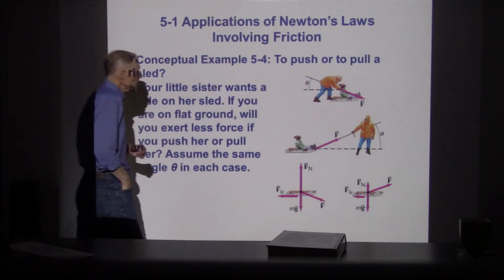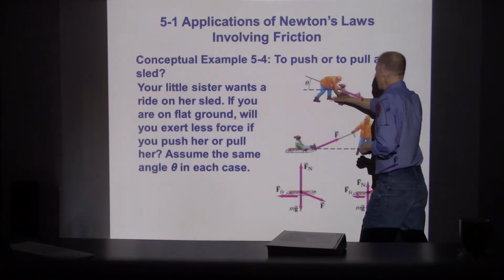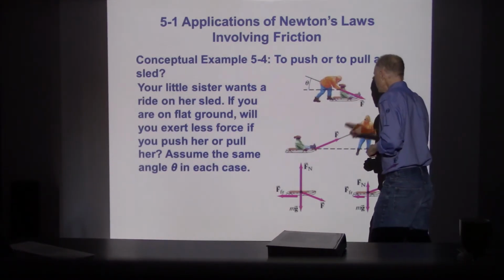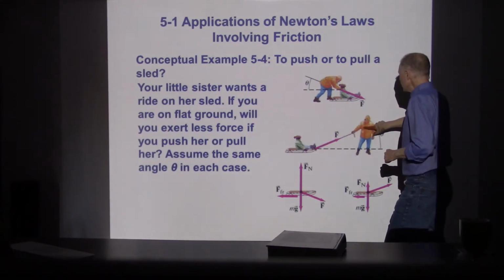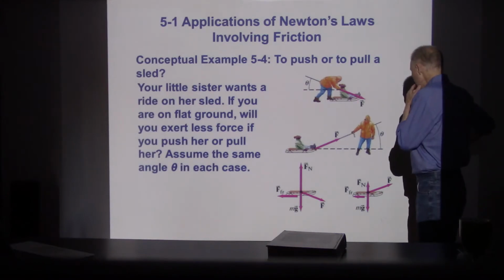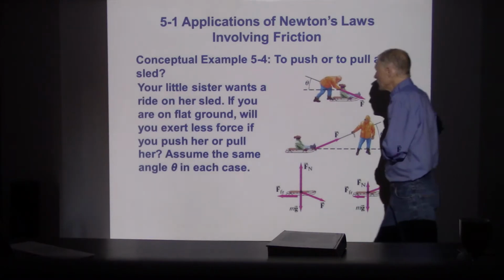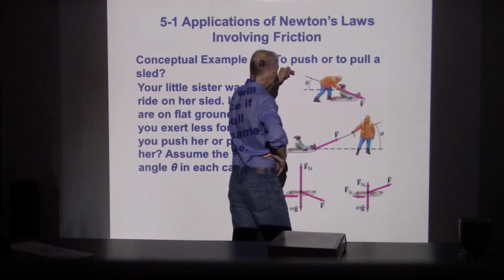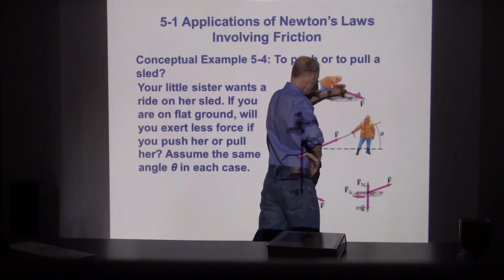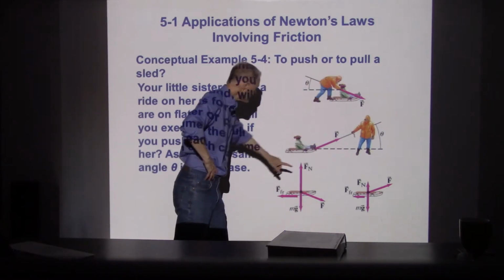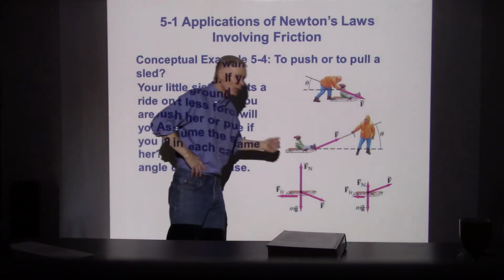Let's see. I guess we just go back and think in terms of redoing everything that we've done with friction in place now. So this is asking, look, if I push someone downwards on a sled versus pull someone, where the force is lifting up somewhat on the sled, are those going to result in the same acceleration? And the idea here would be, if I'm pushing downwards as well as pushing forwards, that downward force is going to increase the normal force. If the normal force goes up, the frictional force will go up.